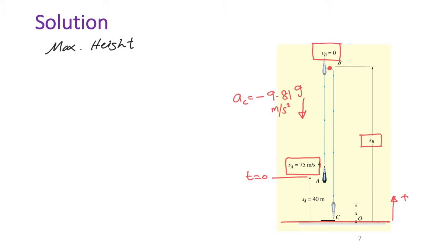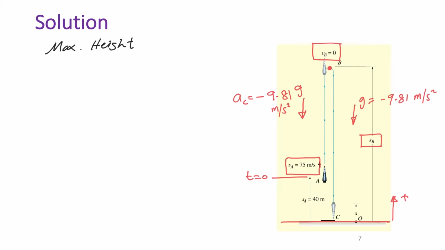That's AC. Now, for the second part, from B all the way to C, the acceleration is also going to be negative. Why? Because in this part of the problem, the positive direction of the displacement is upward, while the body is traveling downward. So the acceleration would have to be also negative.